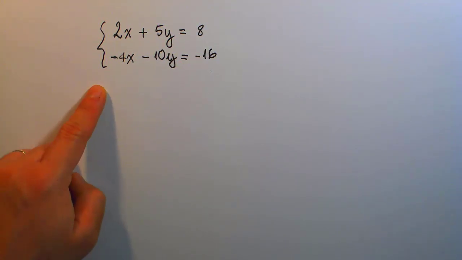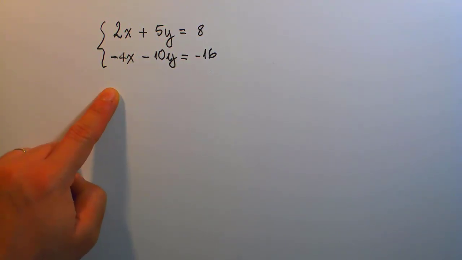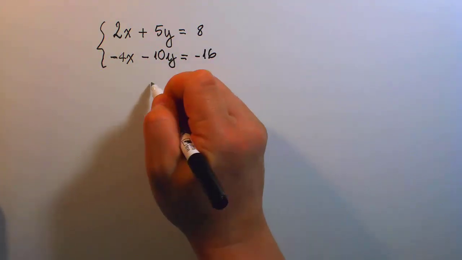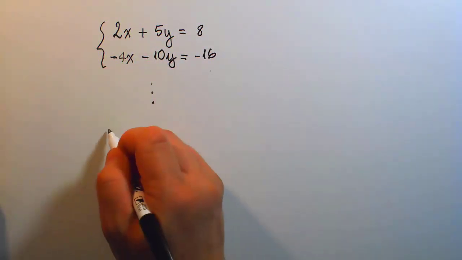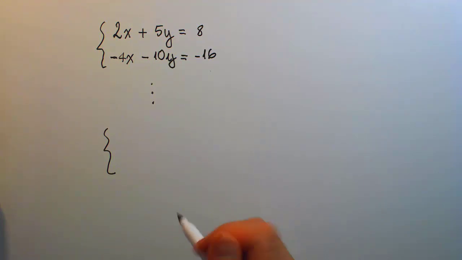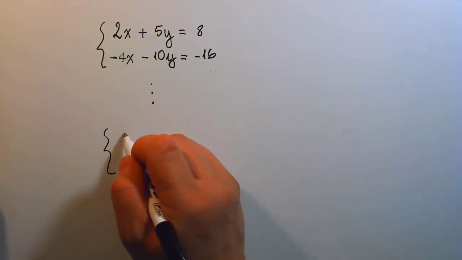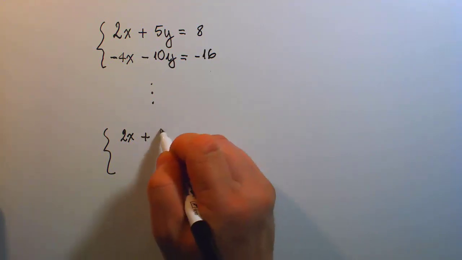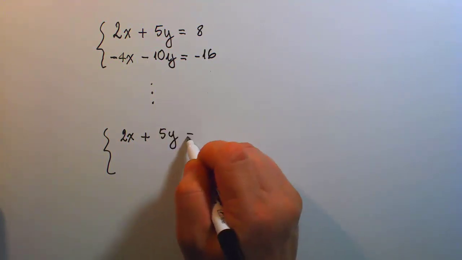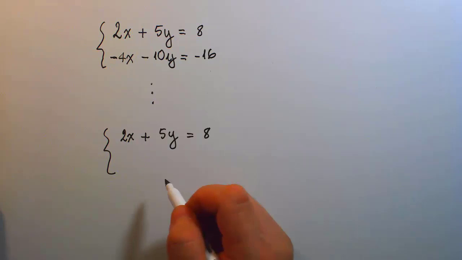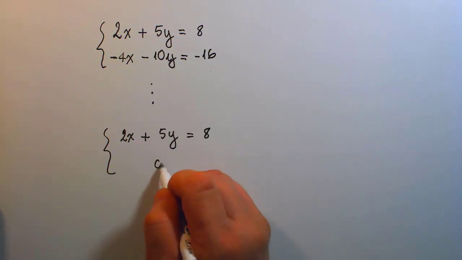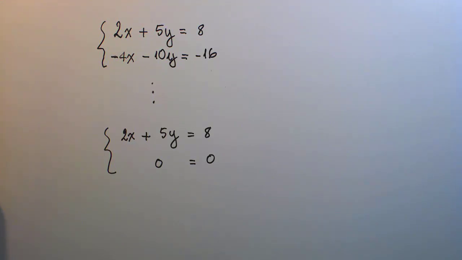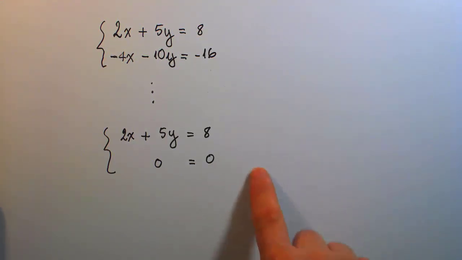After taking steps to solve this system, we end up with one equation in its most reduced form, 2x plus 5y equals 8, and the other is simply 0 on the left-hand side equals 0 on the right-hand side. In other words, this is really just one equation.